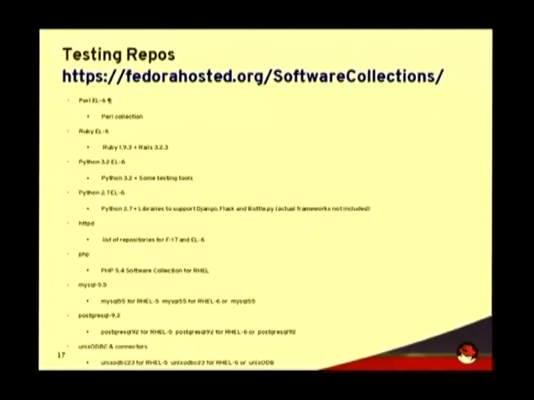For example, in the Perl collection for RHEL 6, RHEL defaults to Perl 5.8, and what we did was build a Perl 5.14 version that would run on RHEL 6 without conflicting with any of the system packages. In Perl 5.12 there were a lot of Unicode enhancements, and you can now use all those enhancements in a version of Perl totally independent of the system Perl.